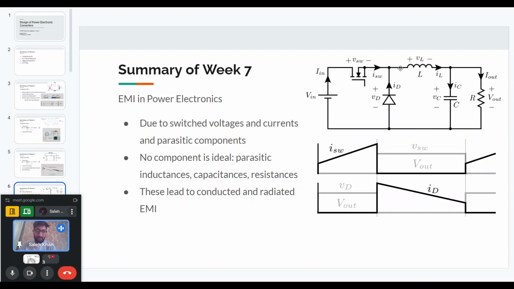These parasitic components mean there is no intentionally placed component there. For example, a parasitic capacitance across the inductor: the two ends of the inductor will have different voltages, so one end will be at one potential and another at another potential. Because of this voltage difference, and because these two points are conducting elements with a dielectric between them, there will exist some capacitance between these two points.